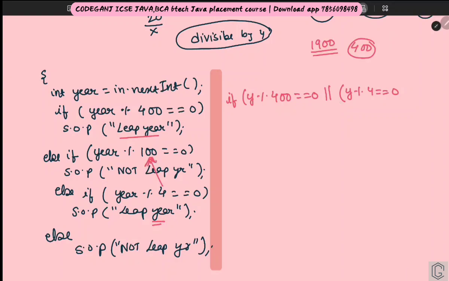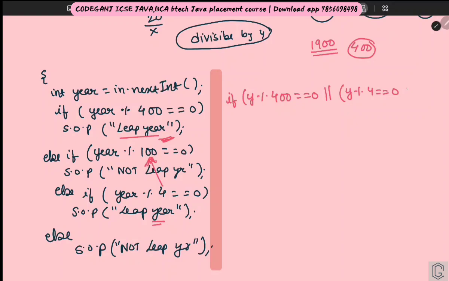So what we are trying to do is put all the conditions in one condition, because we have learned operators, right? So I wrote if year mod 400 equals 0, which is the certain case. Now these two we are trying to combine into one. What is it saying? If the year is divisible by 4, then it is a leap year, and if it is divisible by 100, then not a leap year.